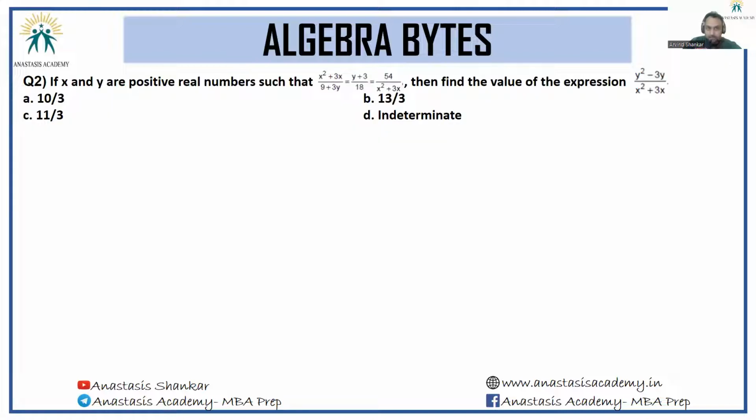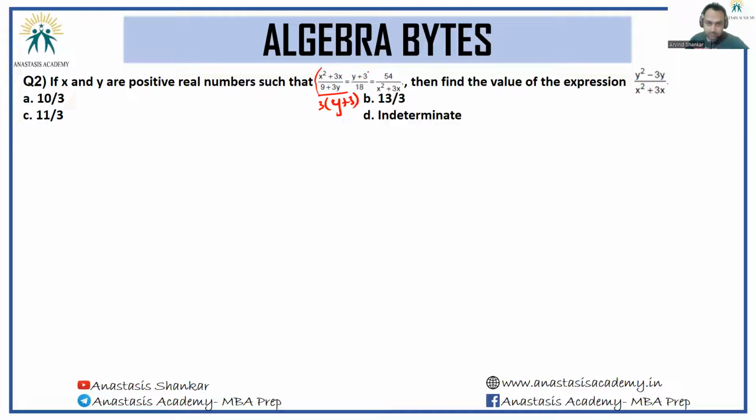Next, if x and y are real numbers such that (x square plus 3x) by (9 plus 3y) is equal to (y plus 3) by 18, and this is equal to 54 by (x square plus 3x), then find the value of the expression (y square minus 3y) upon (x square plus 3x). The first thing I can see here is that in this denominator, if I take 3 out common, I get y plus 3 again.